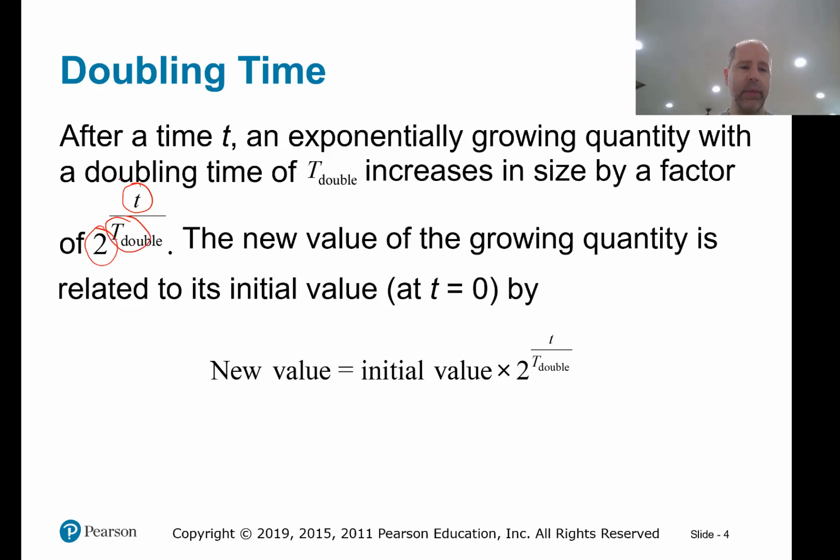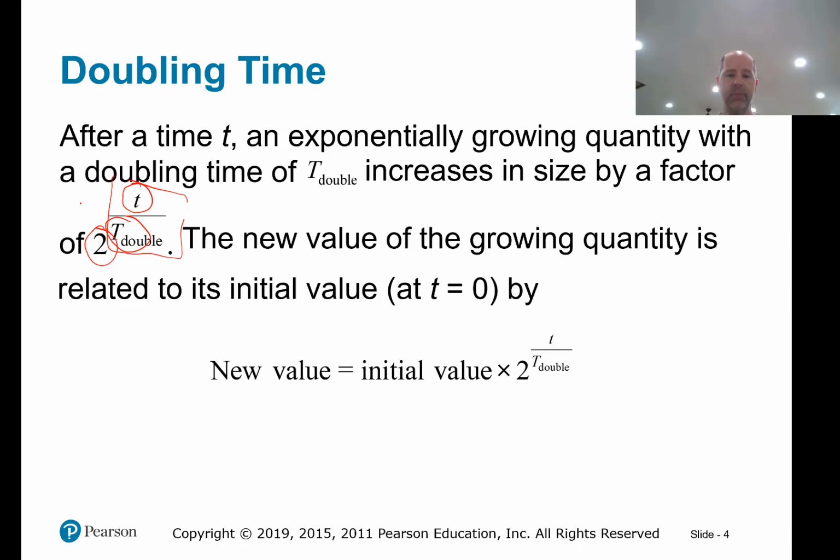So basically what this exponent is telling us is how many doubles we have. We're taking the amount of time that passes and dividing by the doubling time. So in essence, that exponent is representing the number of doubles, because that's how many times we're going to take the base, the factor of 2, and multiply by itself.